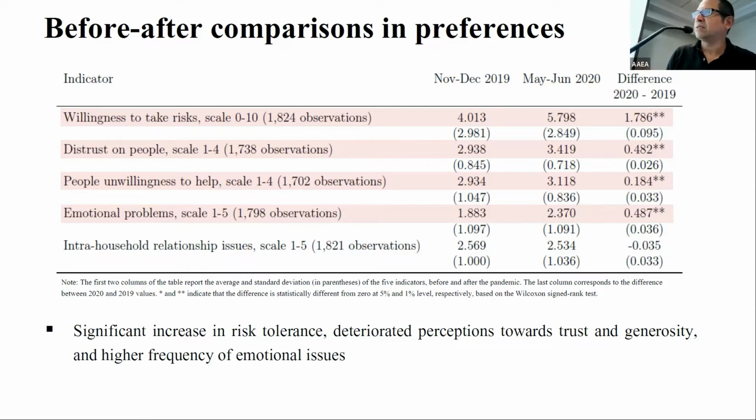In terms of distrust, on a scale of 1 to 4, there is a 0.5 point increase. On generosity, or people's perception about people and willingness to help, there is a 0.2 point increase, and emotional problems also increase by 0.5. The one where we don't observe any changes is intra-household relationship issues. But of course, that variable can also be correlated with social desirability bias: when we ask questions about household relationships, the answers could be subject to a potential bias.